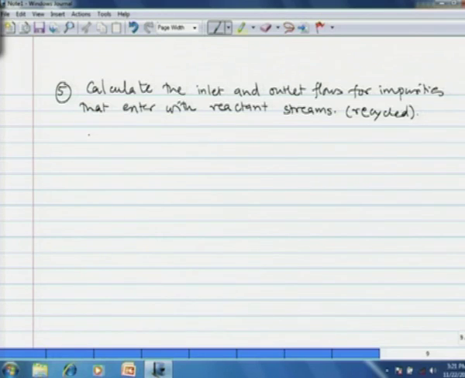However, this material balance has certain limitations because it makes certain assumptions. So, let us also identify the limitations of such an approach.